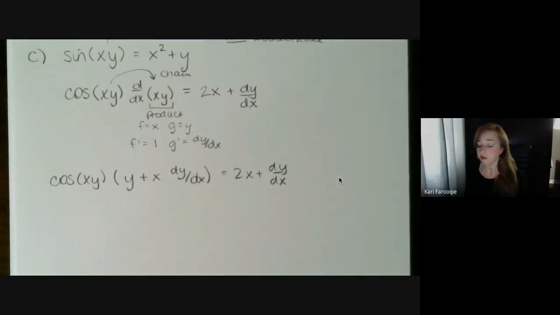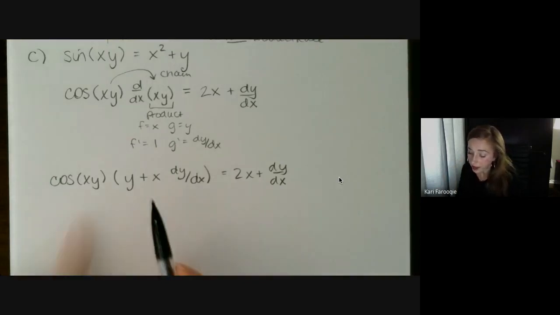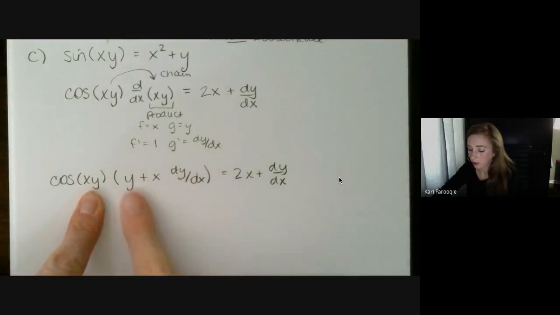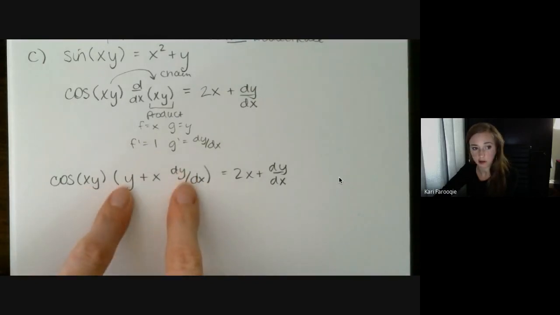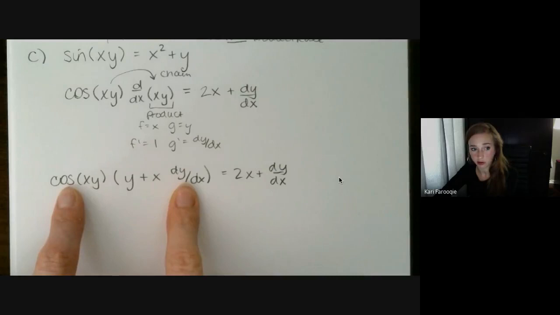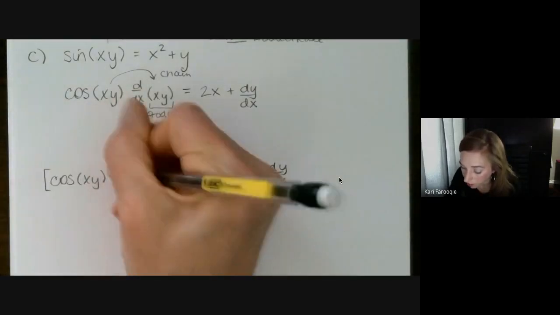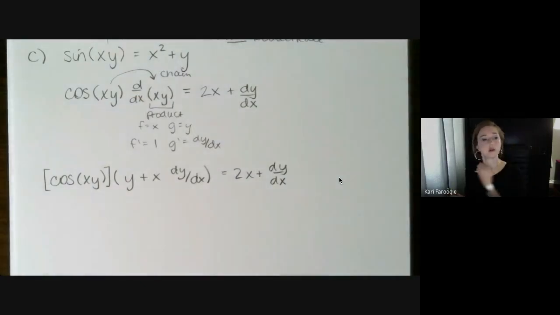Okay, now I promised you that you were going to have to do some distributing here, and here's where it is. By the way, I said it before. I'm going to say it again. You cannot multiply xy by what comes behind it. Remember that this quantity right here is being multiplied by your cosine function. It's not being multiplied by xy. So if you would like to put some brackets around that just to make sure you know what you're doing, that's fine.